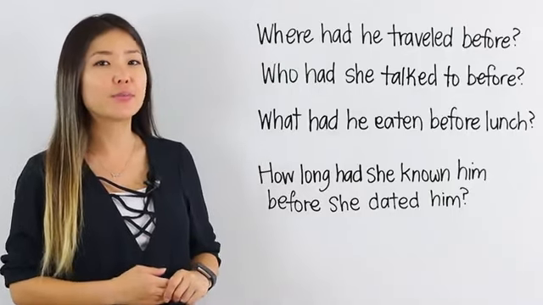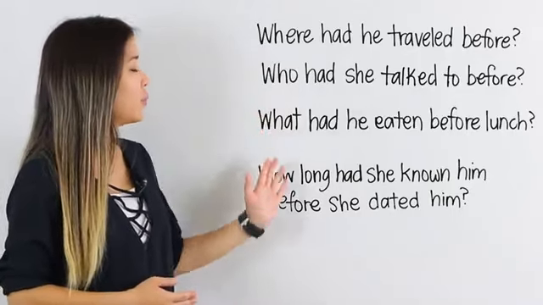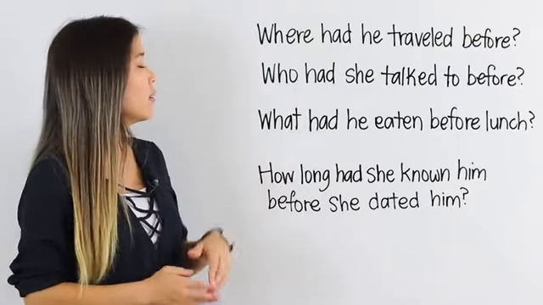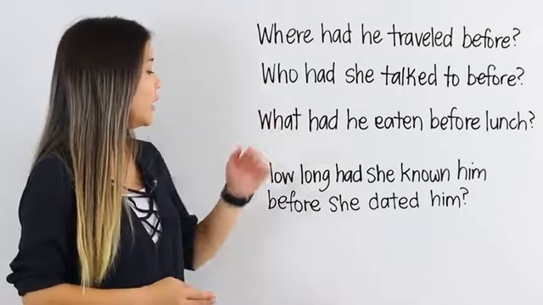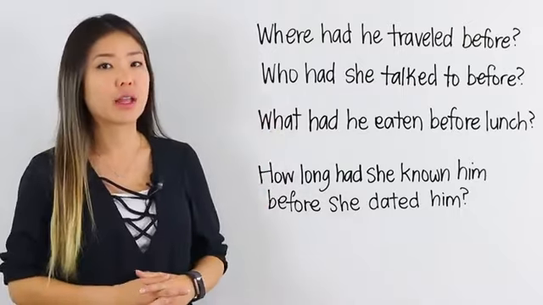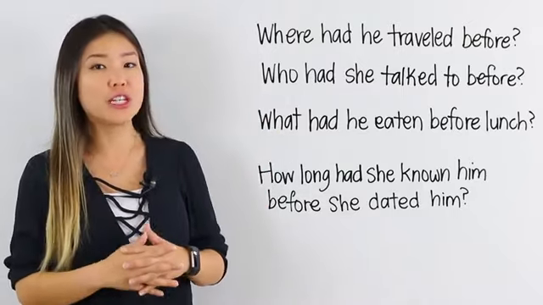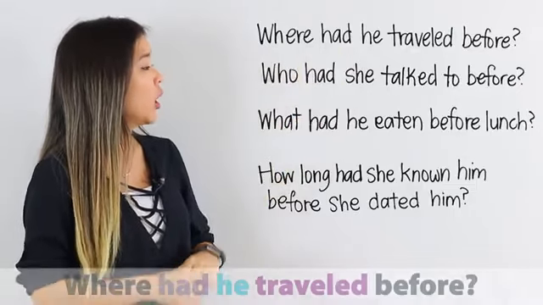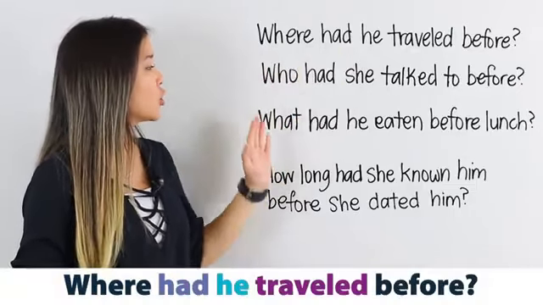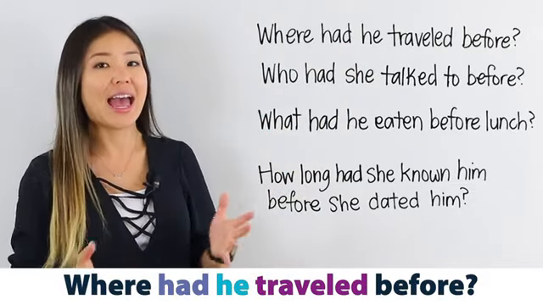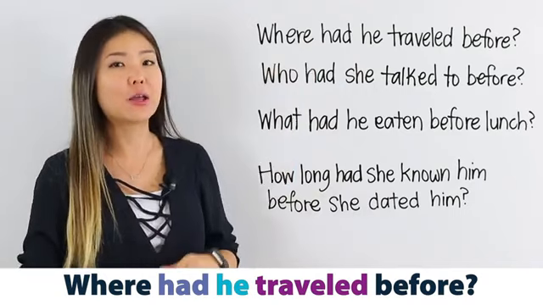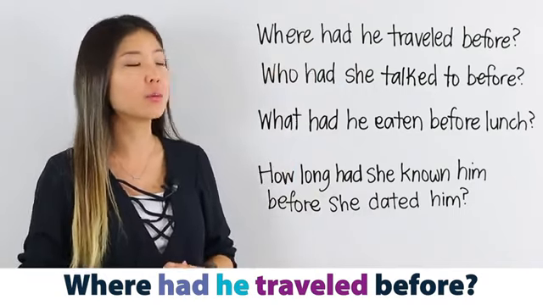Let's take a look. Here, we see at the beginning of each question a WH word. Where, who, what, and how. Let's take a look at the first question. Where had he traveled before? You'll notice that after each WH word, we have had. And then the subject, and then the past participle of the verb.